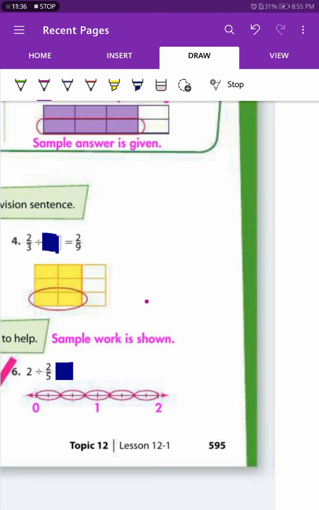See how many floors I have? It is the whole 1. This is the first floor, this is the second floor, this is the third floor. So here we have 3.